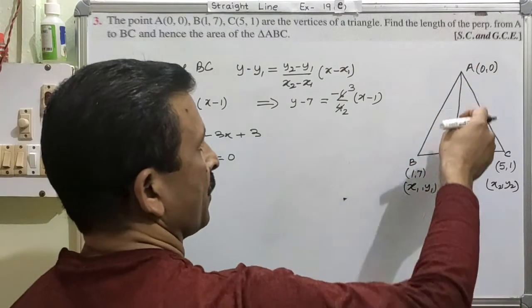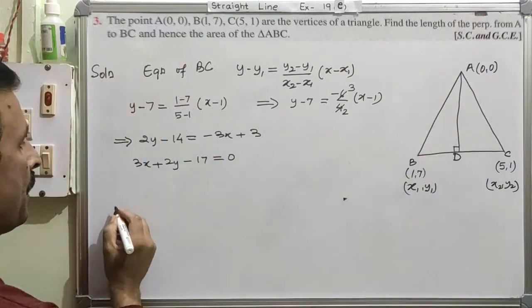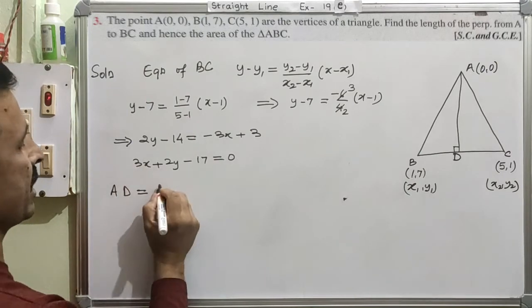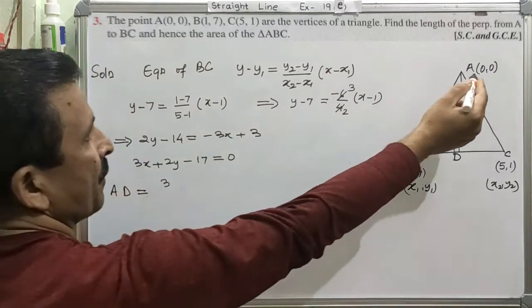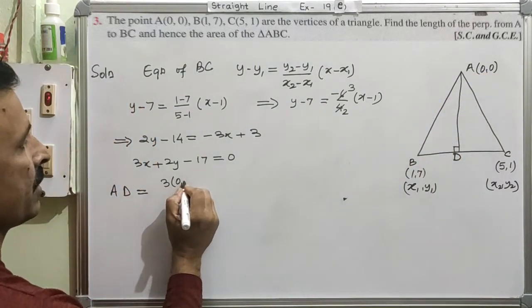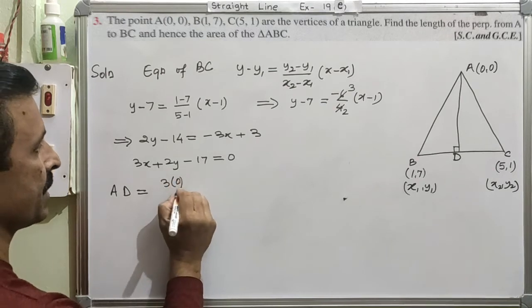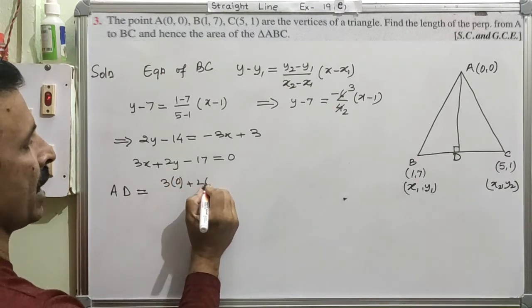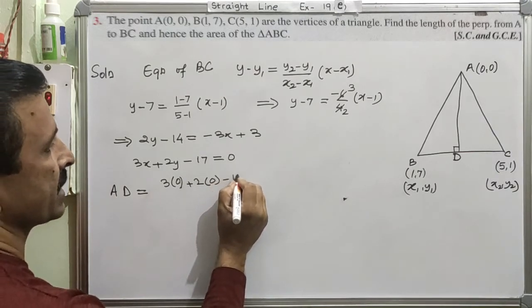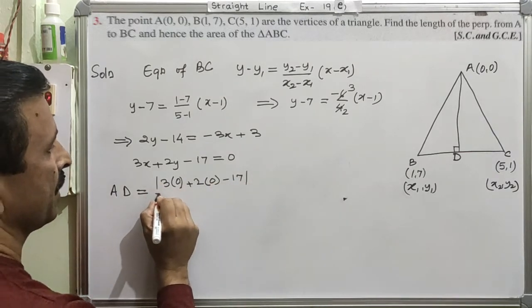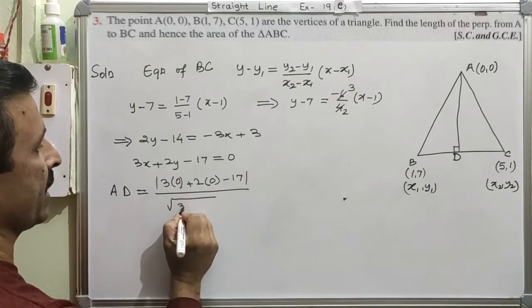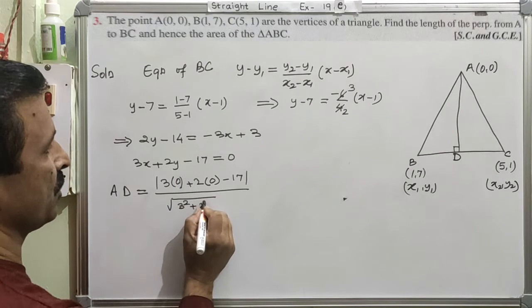Now we are in a position to find the distance AD. So AD is equal to, take this equation and put the coordinates of point A, 0 and 0: 3 into 0 plus 2 into 0 minus 17, absolute value, divided by root over 3 square plus 2 square.